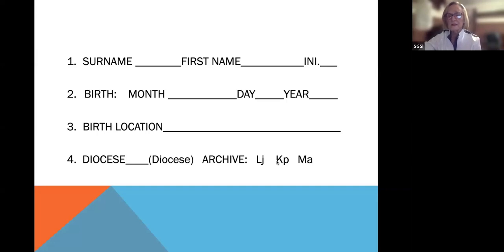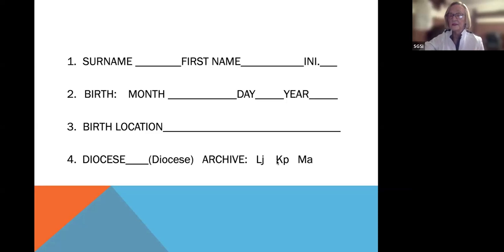I think I've mentioned this to you before, but there are 3 languages that we're dealing with, well, actually 5, but mainly Latin, German, and Slovenian. And if you're from either side of Slovenia, where some of you are from the Italian side, your records could actually be in Italian.